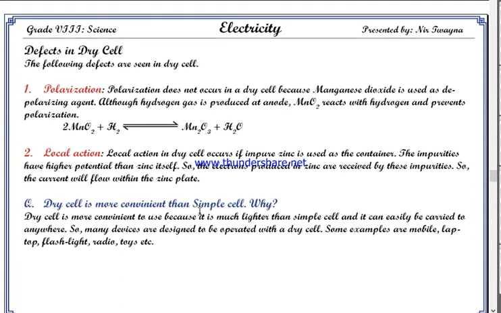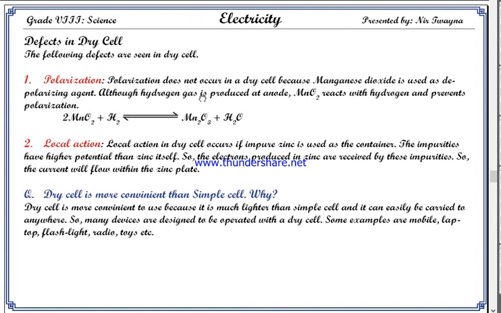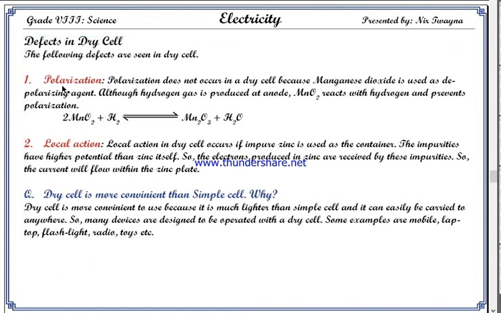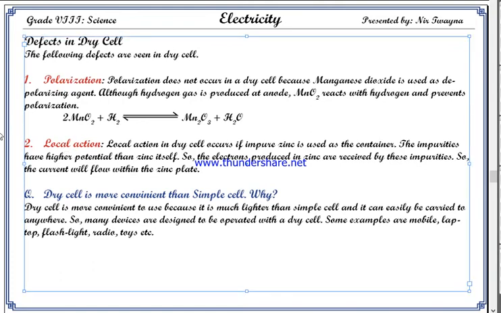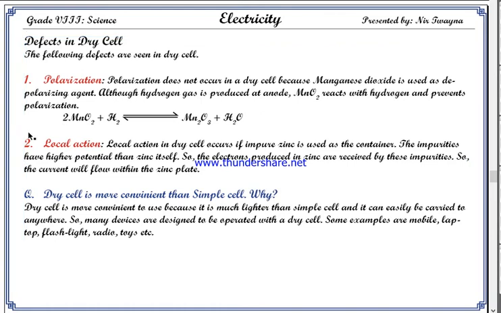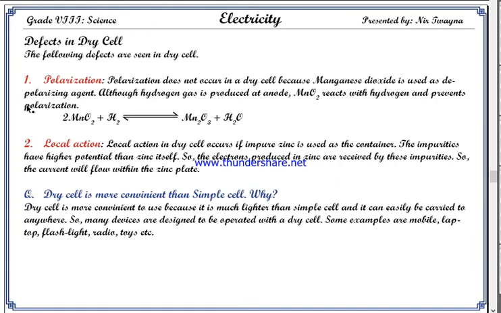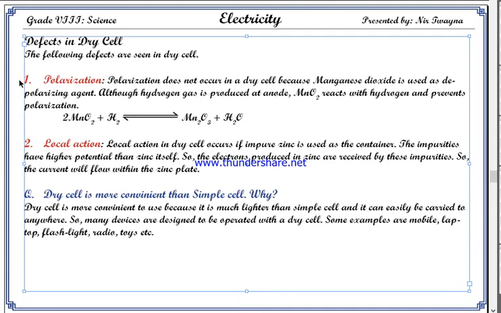The defects in the dry cell. Just like in the simple cell, the same kind of defects, polarization and local action, are also present in the dry cell. However, the dry cell is made in such a way to combat both of these defects. Let's see polarization.